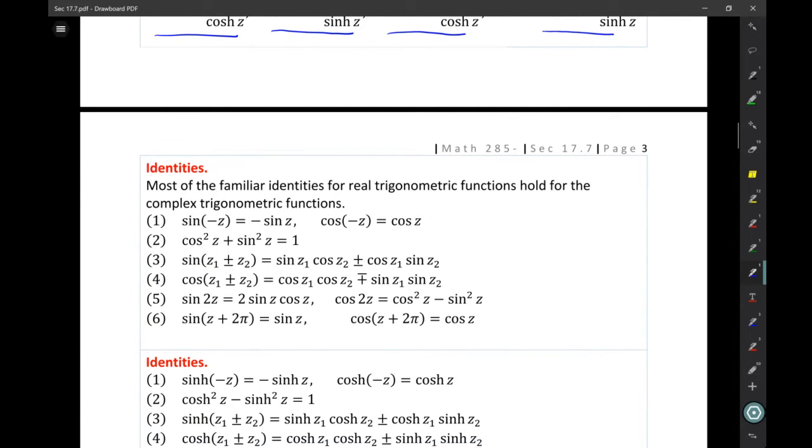These are the most familiar identities for trig functions. Now, sine of minus z is equal to minus sine z. We have the same thing in calculus. Or cosine of minus z, where z is a complex number, z equals x plus iy.